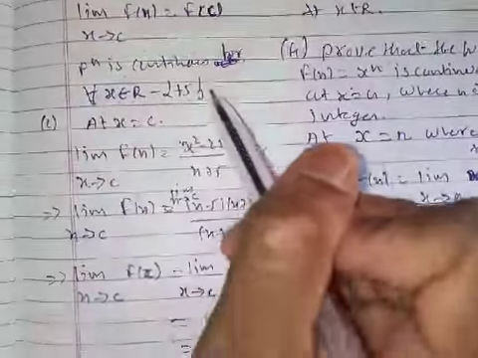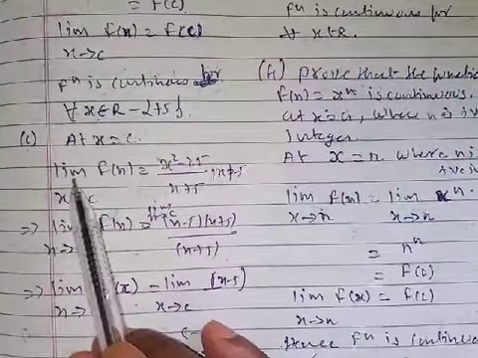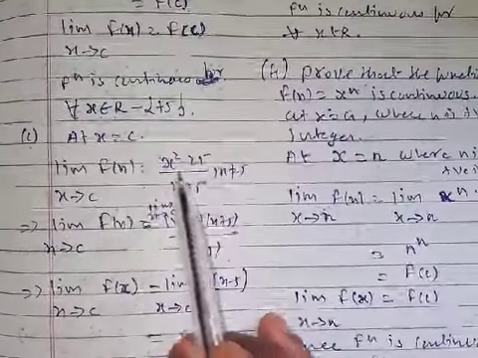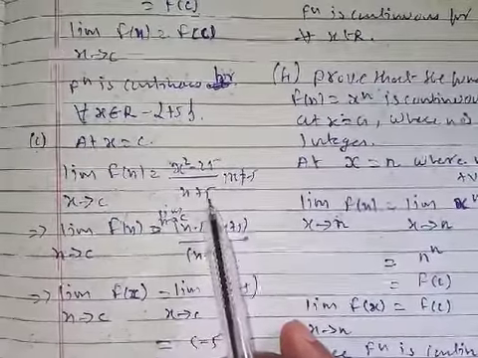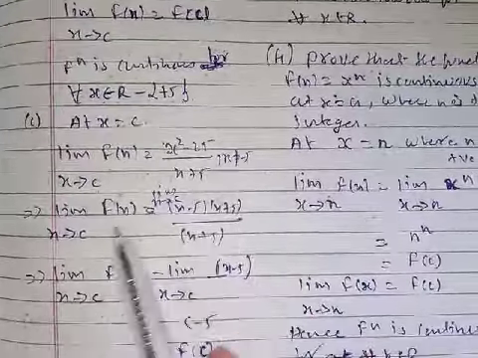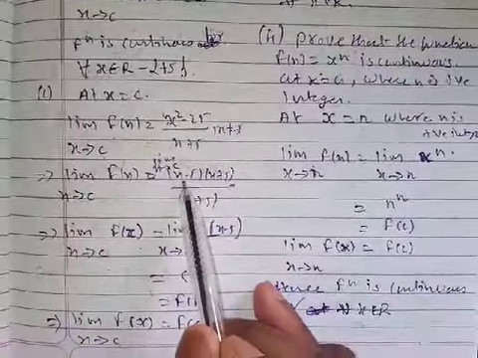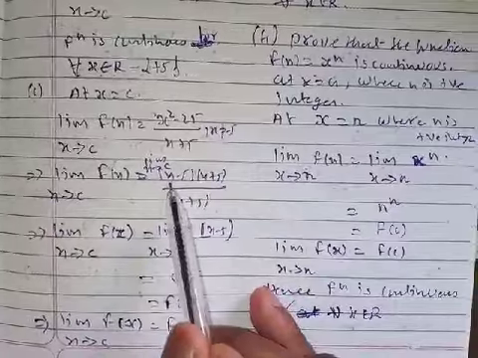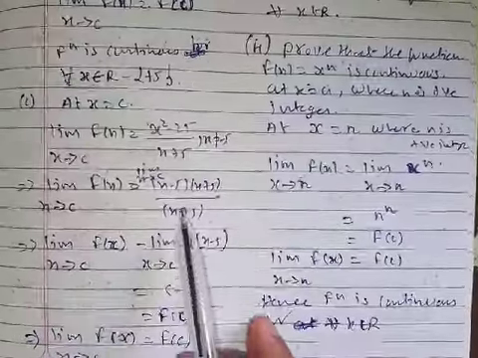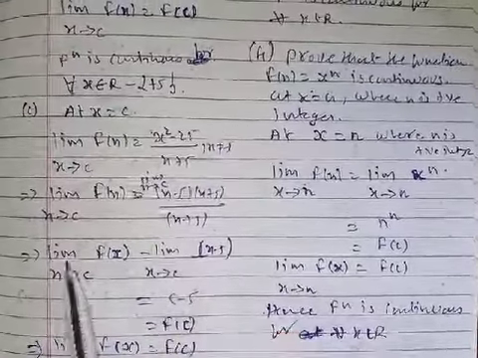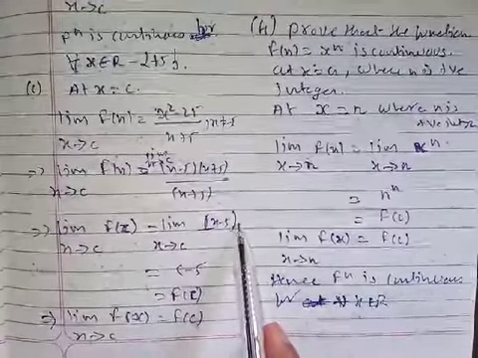Is it clear? So now c. Limit x tends to c, f of x is equal to x square minus 25 upon x plus 5, where x is not equal to minus 5. So split it, a square minus b square: x minus 5, x plus 5. So x plus 5 and x plus 5 cancel out, so you are left with x minus 5 only. So the limit x tends to c, f of x is equal to limit x tends to c, x minus 5.